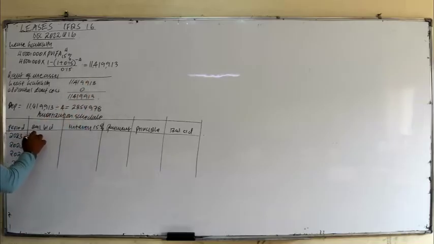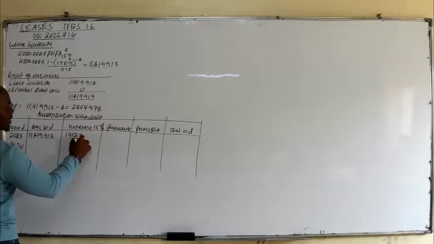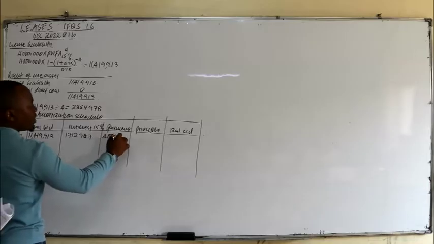11,419,913. Interest at 15% will be how much? 1,712,987. Then the payment is constant. How much is the payment? 4 million each year.